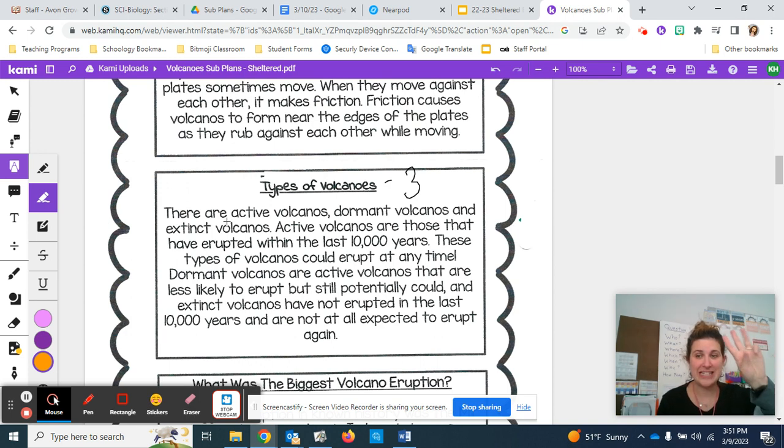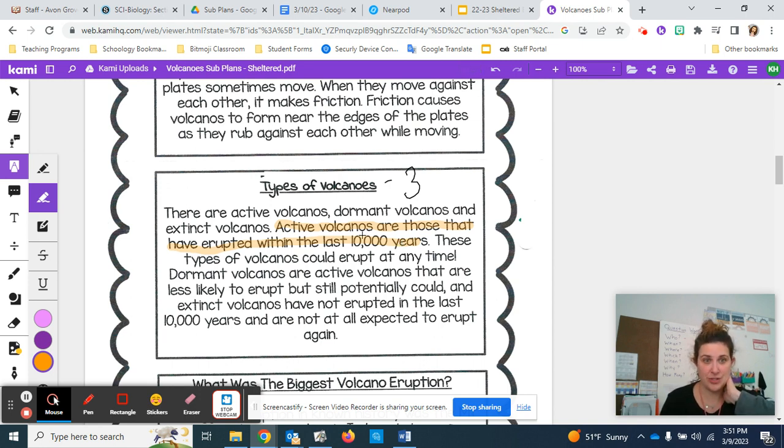Active, dormant, extinct. Active volcanoes are those that have erupted within the last 10,000 years. These types of volcanoes could erupt at any time.